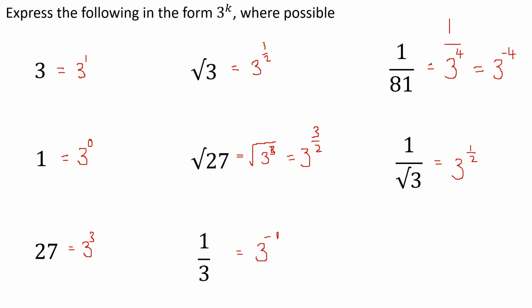So the other way of writing 1 over a value is by having negative indices. So these are just a bit of practice of changing your base values. They're all equal, they all mean the same, it's just they're rewritten in a different form. And we need to be able to do this because it will help us on more difficult questions.